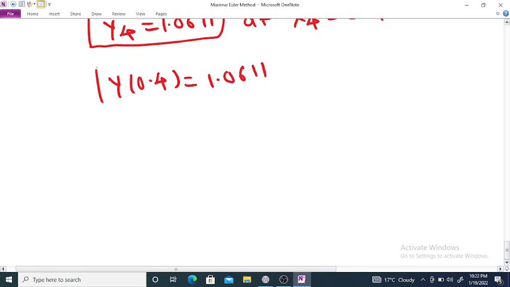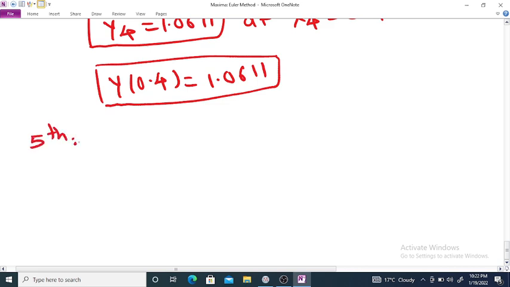But since we want to determine y of 0.5, in the last iteration, the fifth iteration, x4 is equal to 0.4 and y4 is equal to 1.0611.